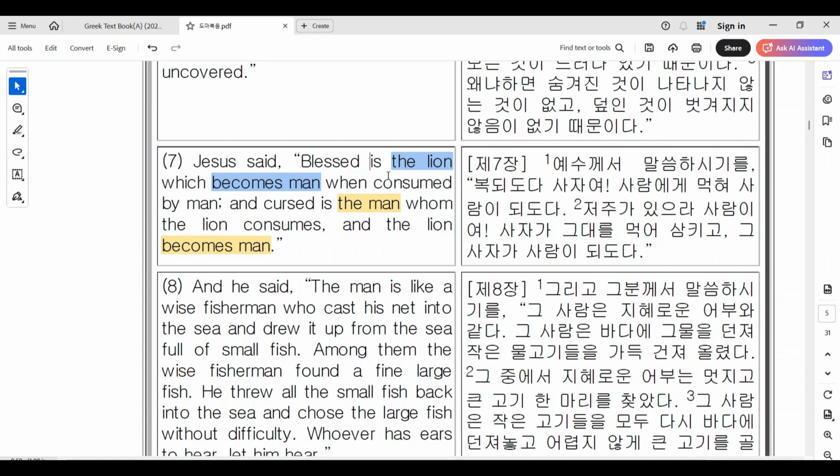Then here, the lion is blessed. So what is this lion, and who is this lion? We went to 1 Peter chapter 5.